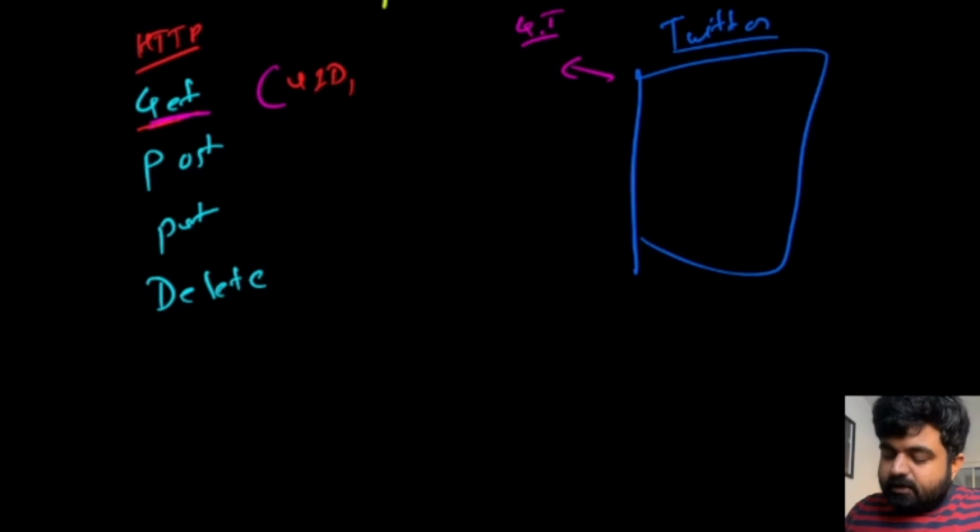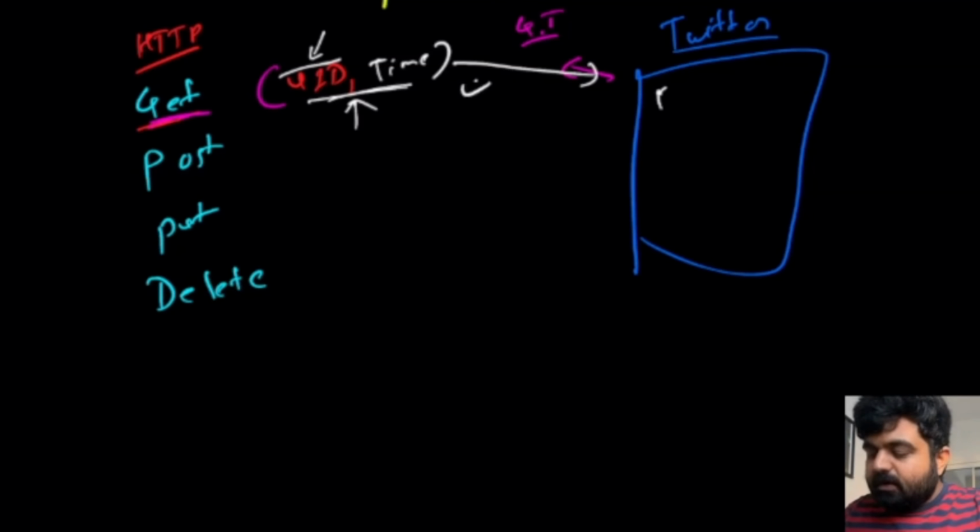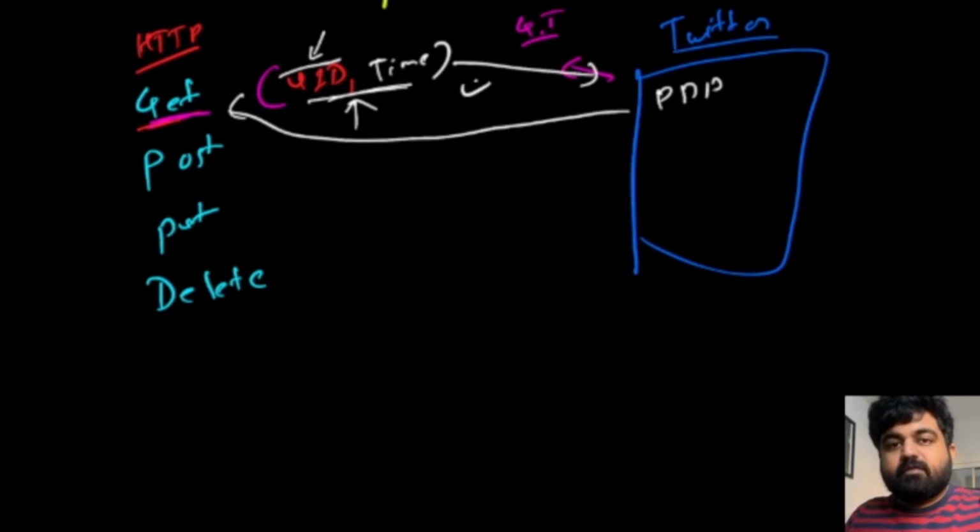On top of it, you also provide the time frame. So let's assume that you make a call, and once you provide that, Twitter would consider this a valid incoming API call and does all the processing it needs. And after completing the processing, it will provide you the information that you need. So a GET API means you want to get some data.